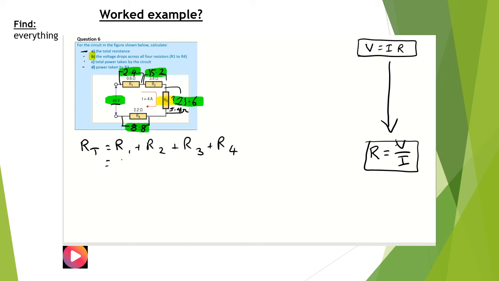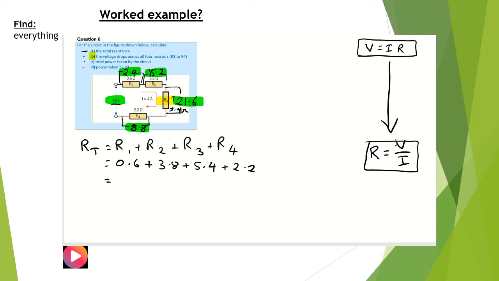This is 0.6 plus 3.8 plus 5.4, that was our missing one, and 2.2. What does that equal?